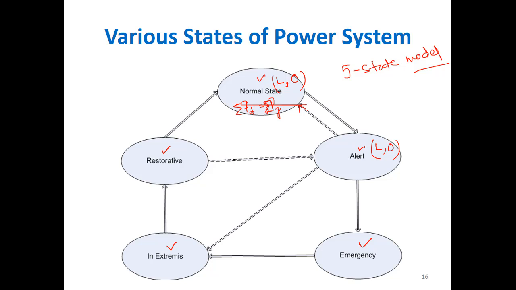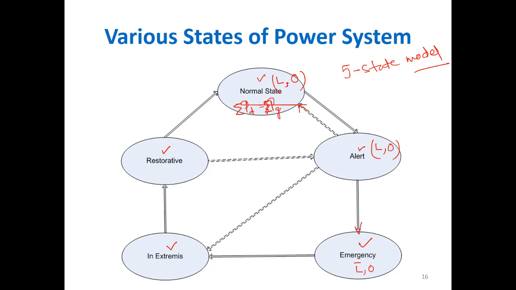So if the system operator is unable to take any action, and certainly some disturbance took place, then the system goes to emergency state, where among the line and operating constraints, the line constraint is violated.